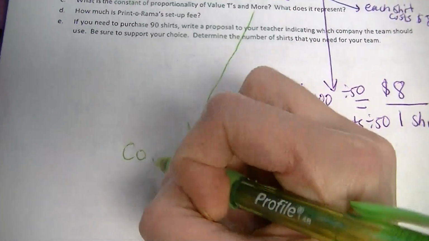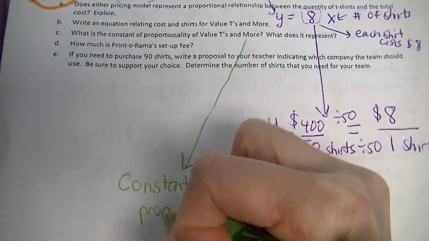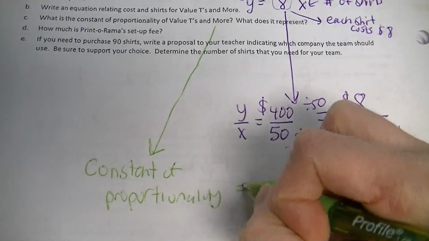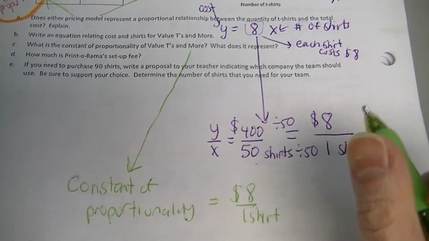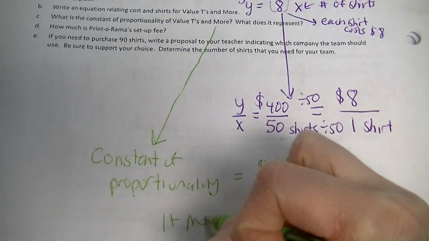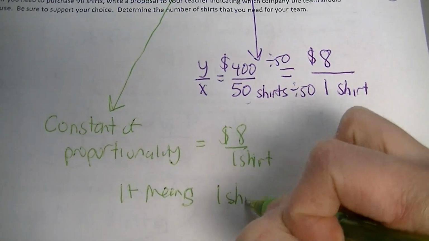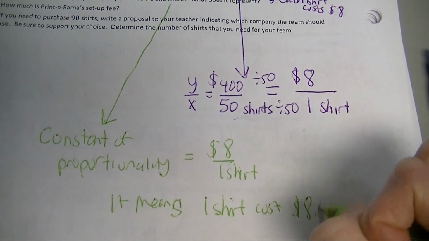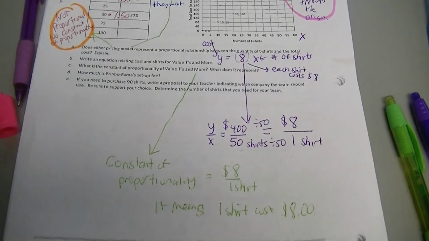We better use that. And we got to answer, what does it represent? It means one shirt costs $8 for this company. Okay? All right, bye.